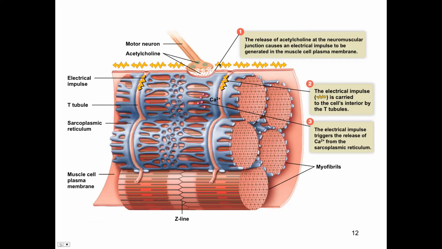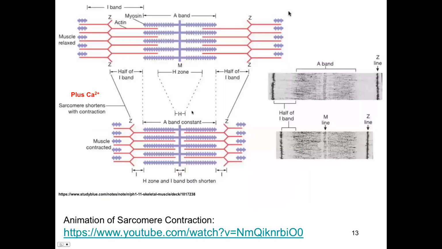This will then set up an electrical potential across the muscle fiber, and it will follow through along the T-tubules, stimulate the sarcoplasmic reticulum to open its calcium channels, and calcium will then flood into the sarcomere. All right.